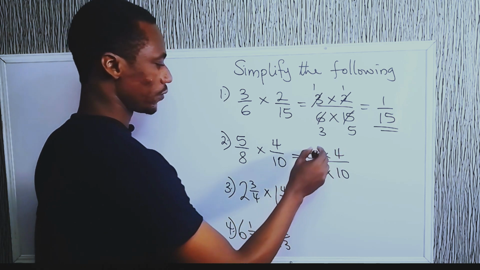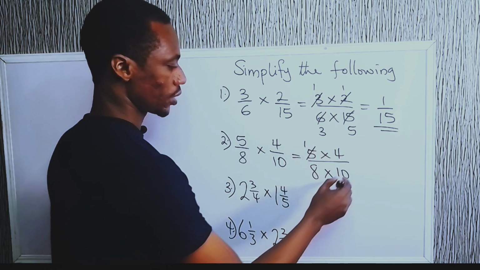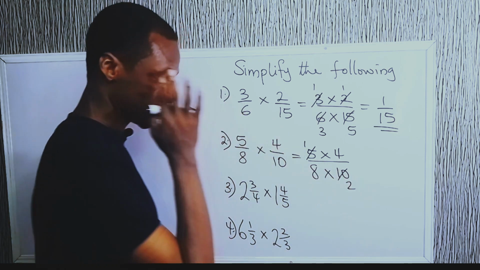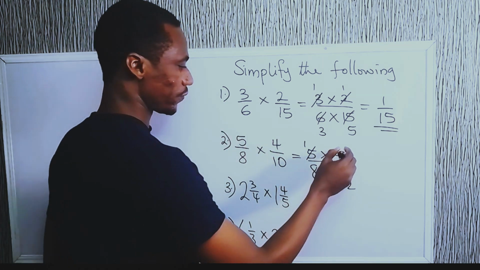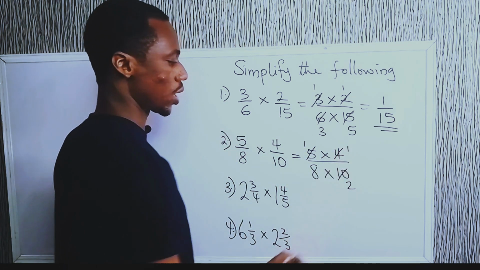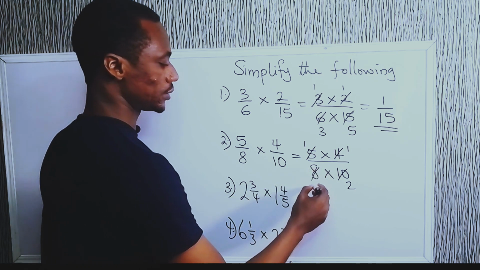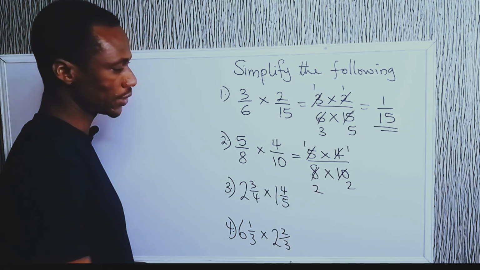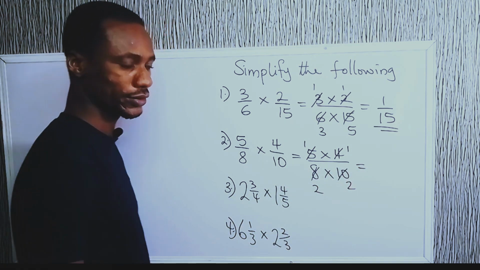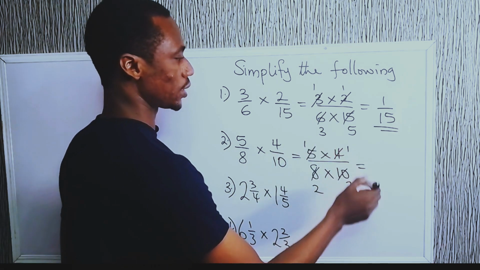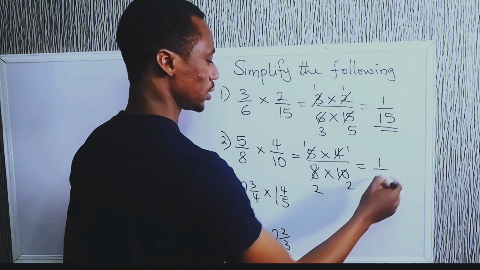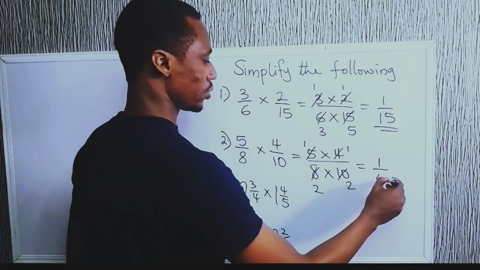So let's go. 5 in 5 is 1, and 5 in 10 is 2, right? Then 4 in 4 is 1, 4 in 8 is 2. So what do we have left? We have 1 times 1, which is 1, and then 2 times 2, 4.